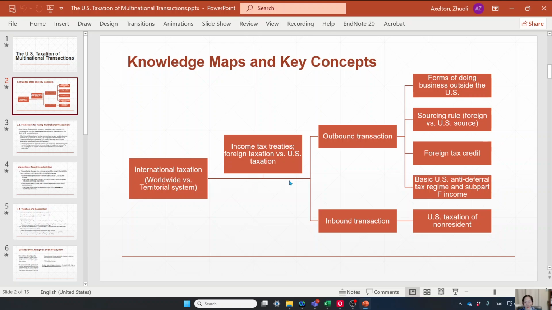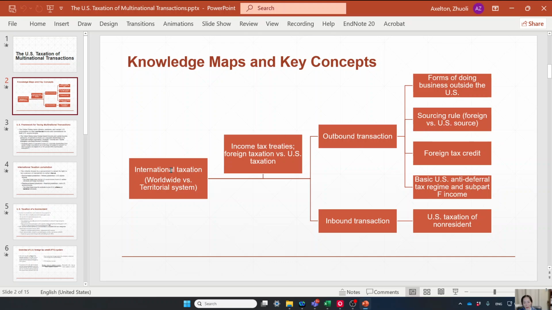And that creates issues for any outbound transaction versus inbound transaction. Outbound transaction, in other words, means a U.S. person went overseas to do business, and when that happens, the U.S. person may get taxed in the foreign country.